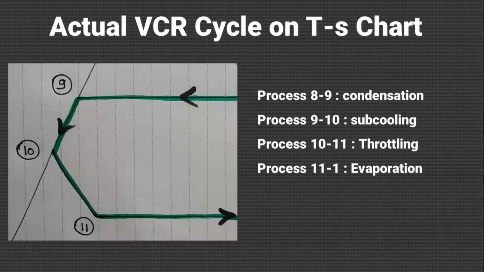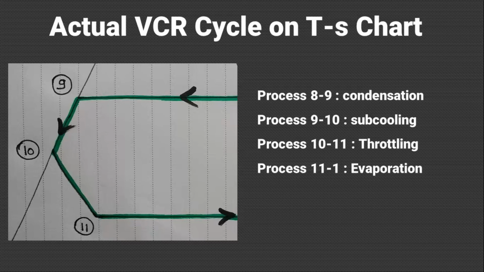After condensation, the refrigerant, which is a saturated liquid, starts subcooling after point 9. Process 9 to 10 is subcooling. The refrigerant loses heat after condensation and its temperature further decreases.